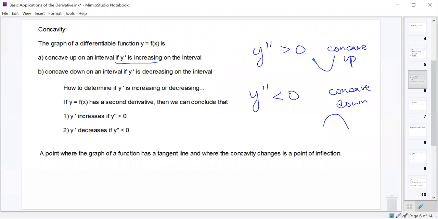And I can only be concave up if those slopes of the tangent lines are getting larger, right? Suppose I started over here, these are negative, very steep negatives, and then less steep negatives, and then less steep negatives, and then zero, and then not very steep positives, and then steeper positives, right? The slopes of the tangent lines are getting larger, they're increasing, it's concave up. And the same goes for this concave down value. Good or no?